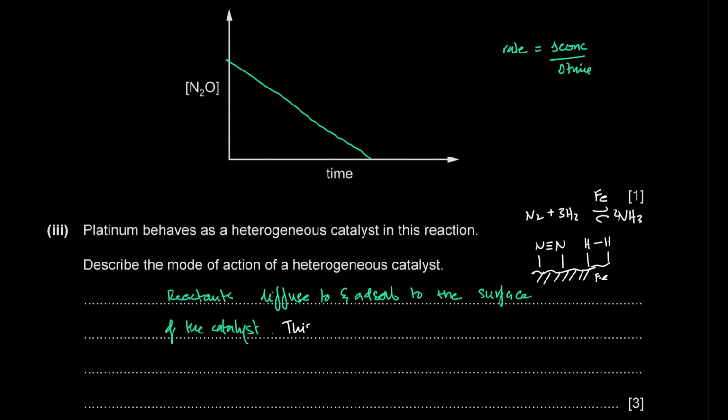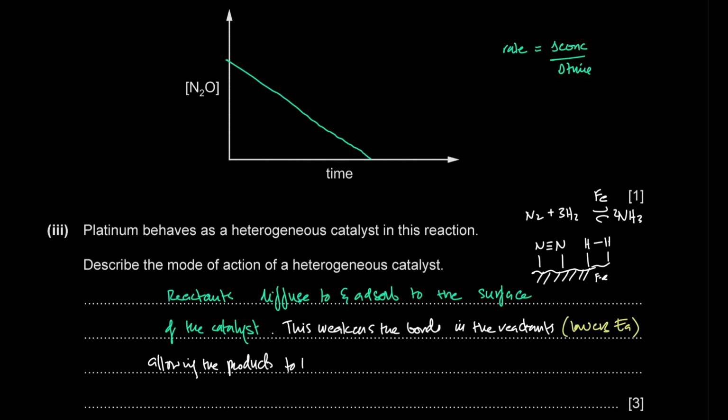So this weakens the bonds in the reactants, which obviously means that we've lowered the activation energy, allowing the products to form. In this particular example, that will be ammonia.